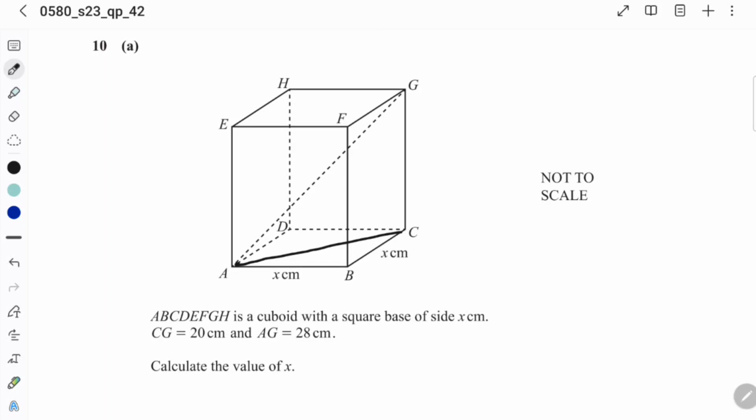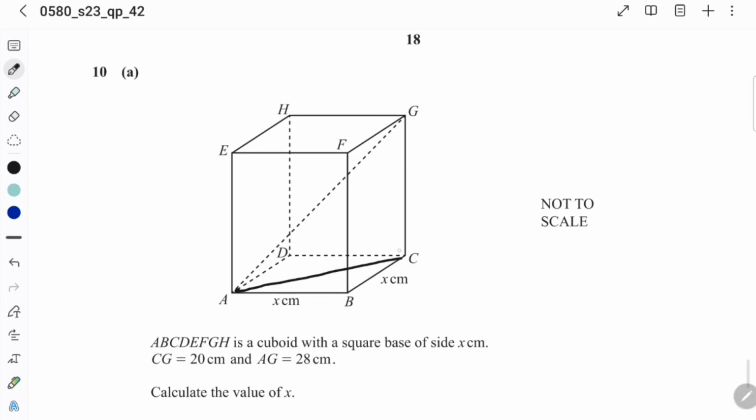So here I've made this diagonal. It's 90 degrees, and CG is 20 centimeters, and AG is 28 centimeters.